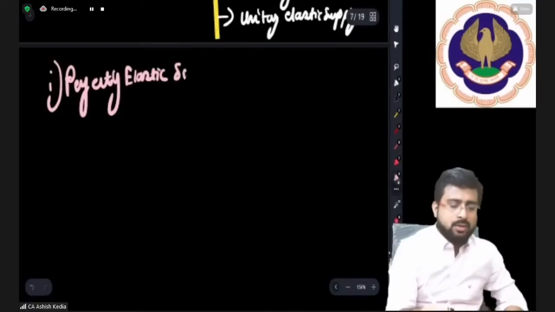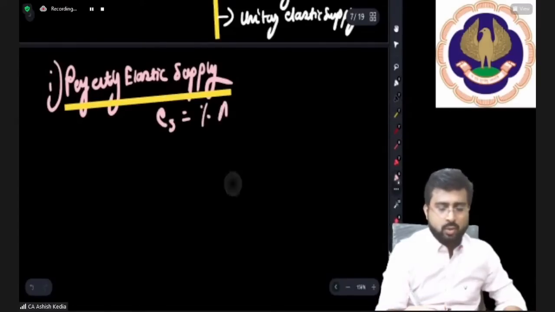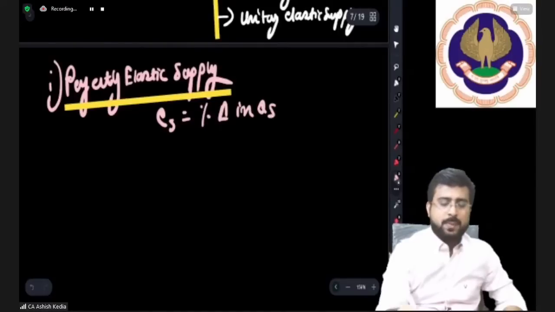The formula for perfectly elastic supply, you all already know: percentage change in quantity supplied divided by percentage change in price.